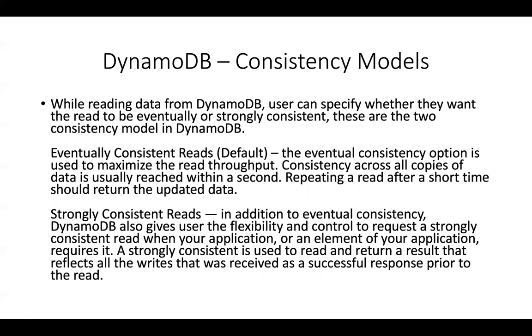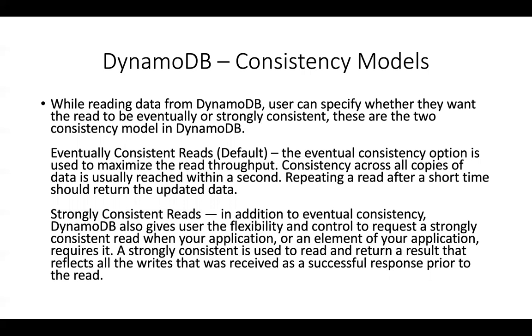So similarly over here in DynamoDB, we do have eventually consistent reads, and then we have strongly consistent reads. So by default, what is enabled for you is an eventually consistent read, right? So again, while reading data from DynamoDB, a user can specify whether they want the read to be eventually consistent or strongly consistent, right? So when it comes to an eventually consistent read, you do know it's similar to that of S3, that the consistency across all copies of your data is usually reached within a second.